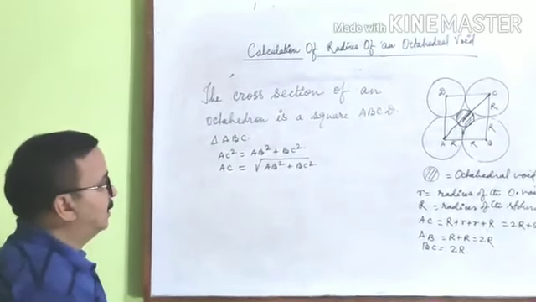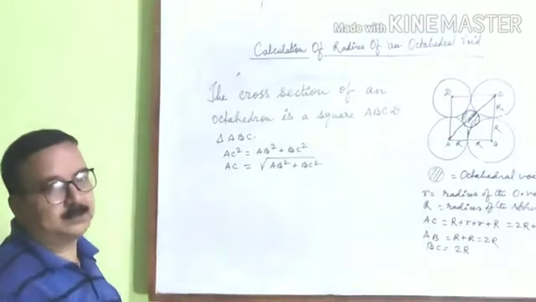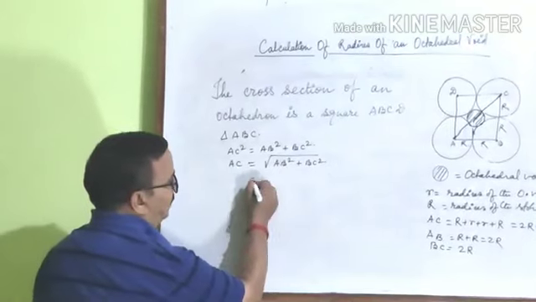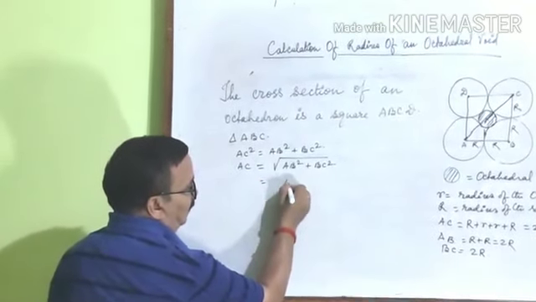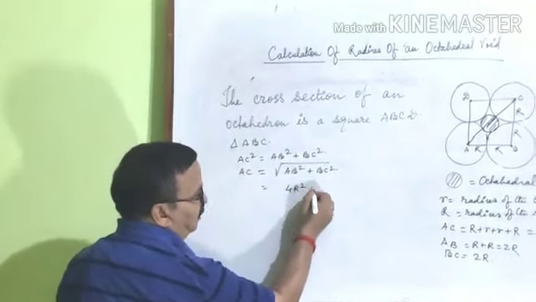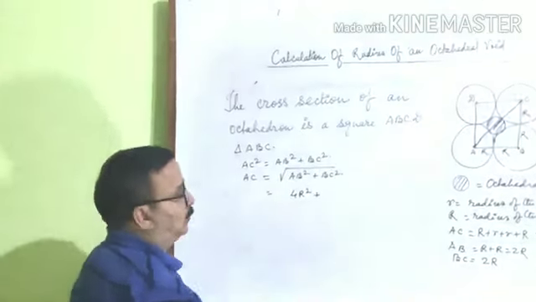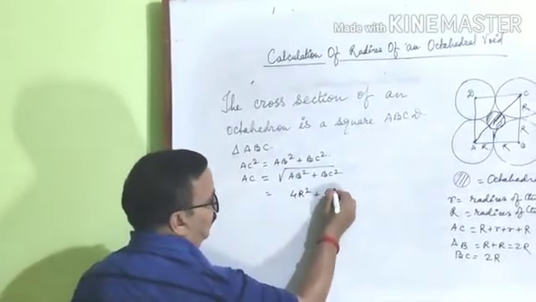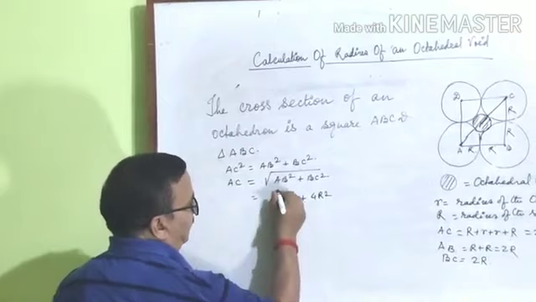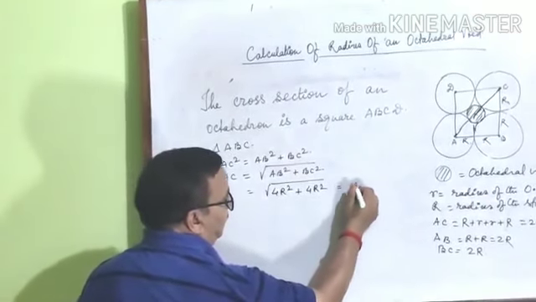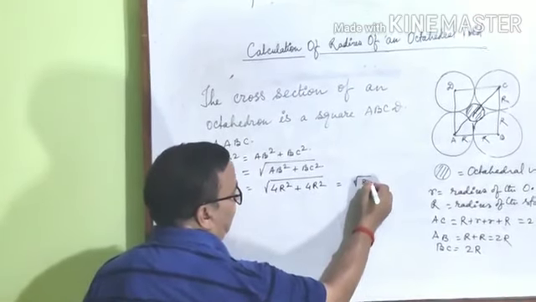AB is equal to 2R, therefore it is 4R square. BC is equal to 2R, therefore it is 4R square, that is root under 8R square.